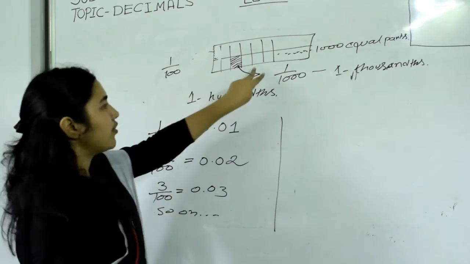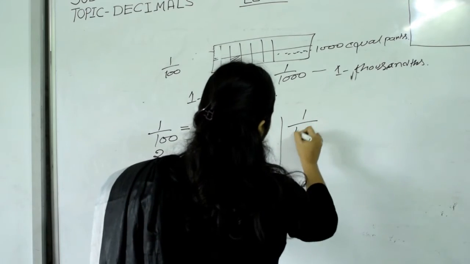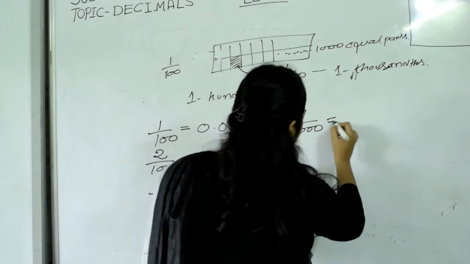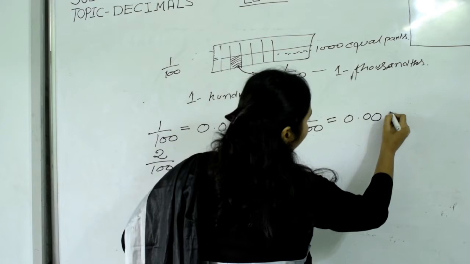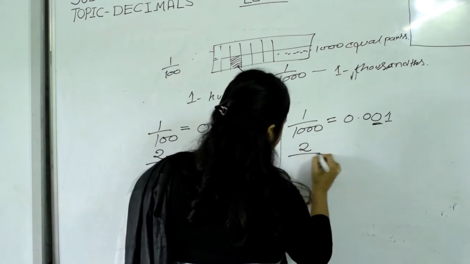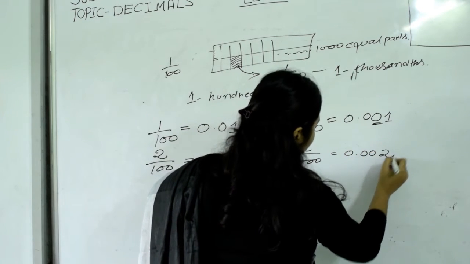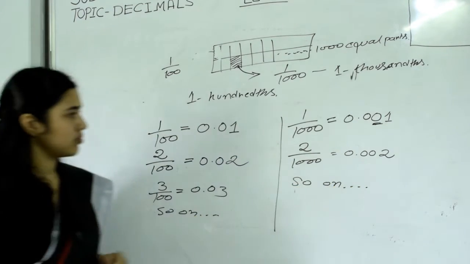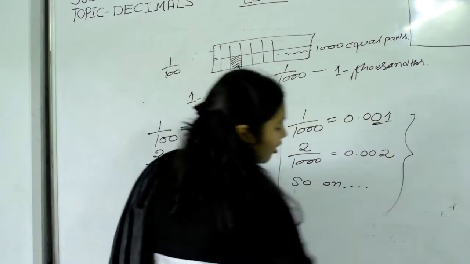Similarly, if we divide this chocolate into 1000 equal parts and consider 1 out of 1000, we can write it as 0.001, 1 more 0. Okay? Same 2 by 1000 as 0.002, and so on. So these are the decimal values.